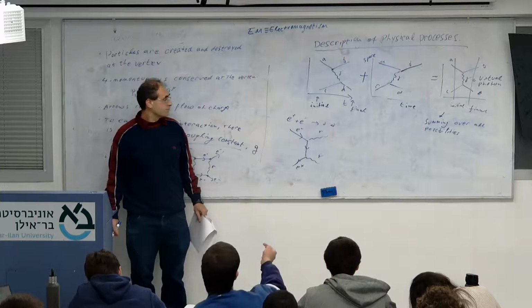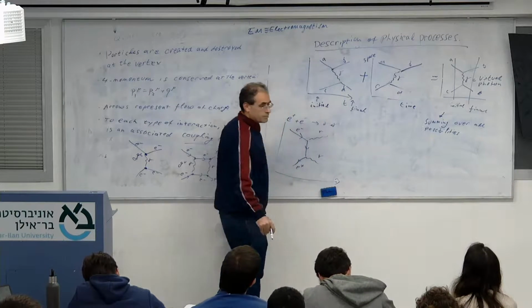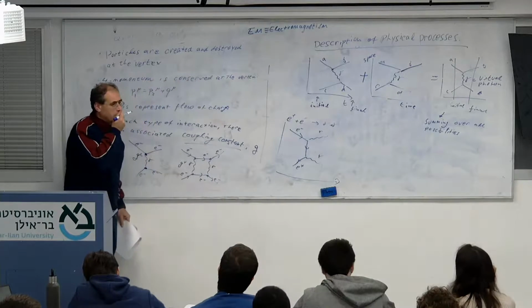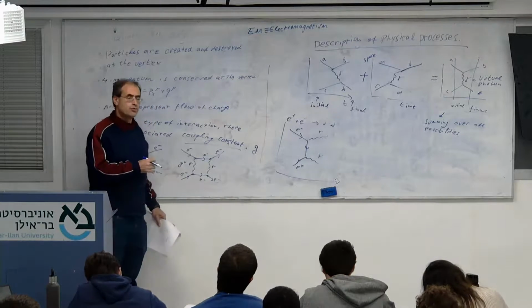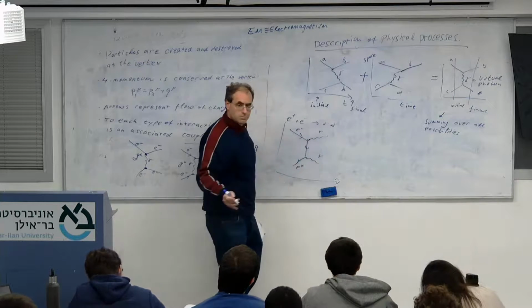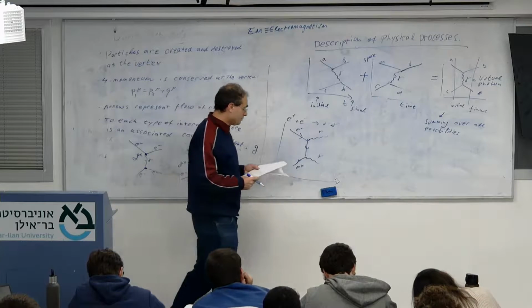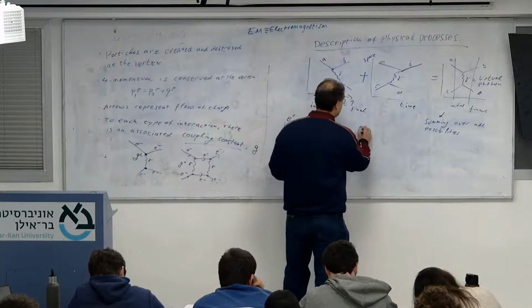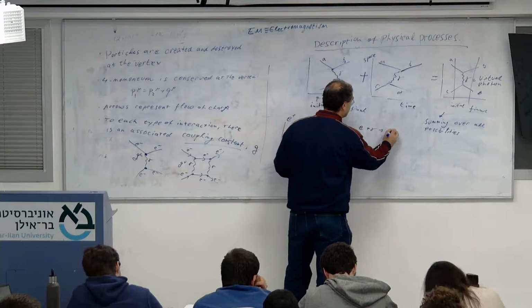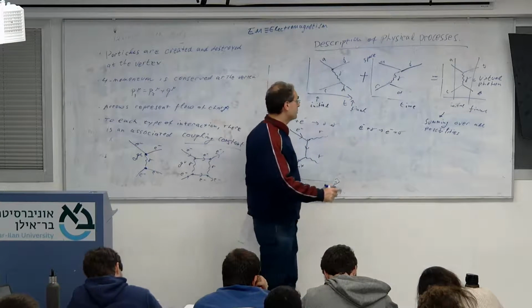Where's the time? I can use electron as a virtual particle here. Why? Because it's allowed. If I want to describe scattering, Compton scattering is when electron plus photon goes to electron plus photon with exchange of energy between them.